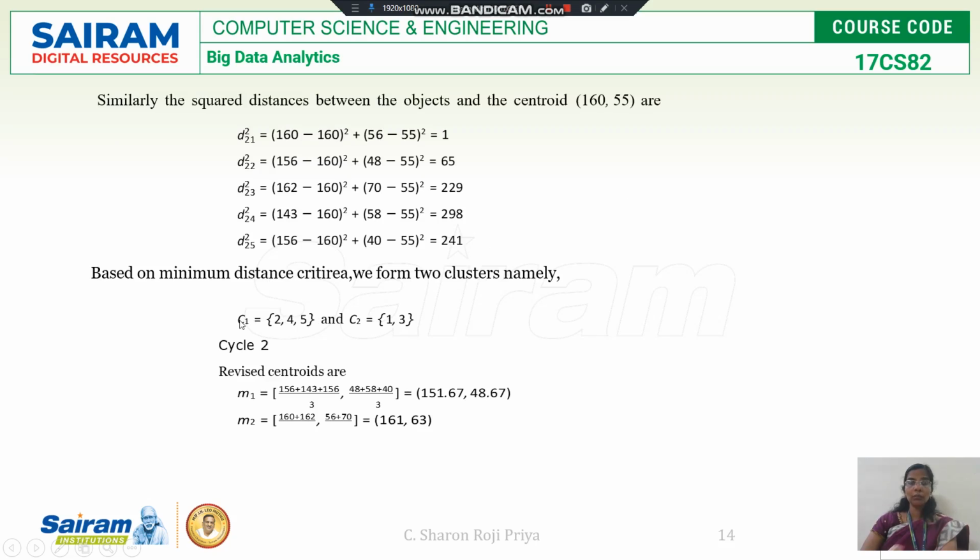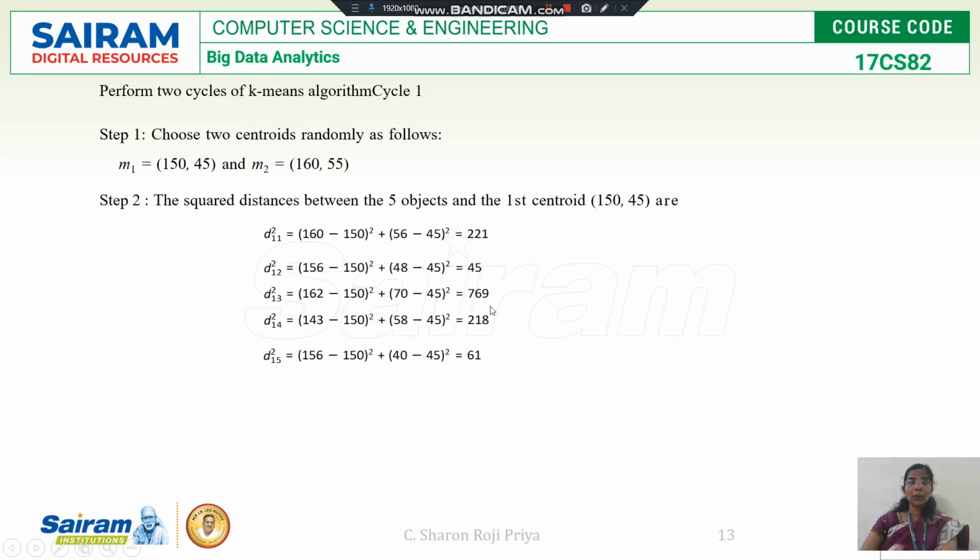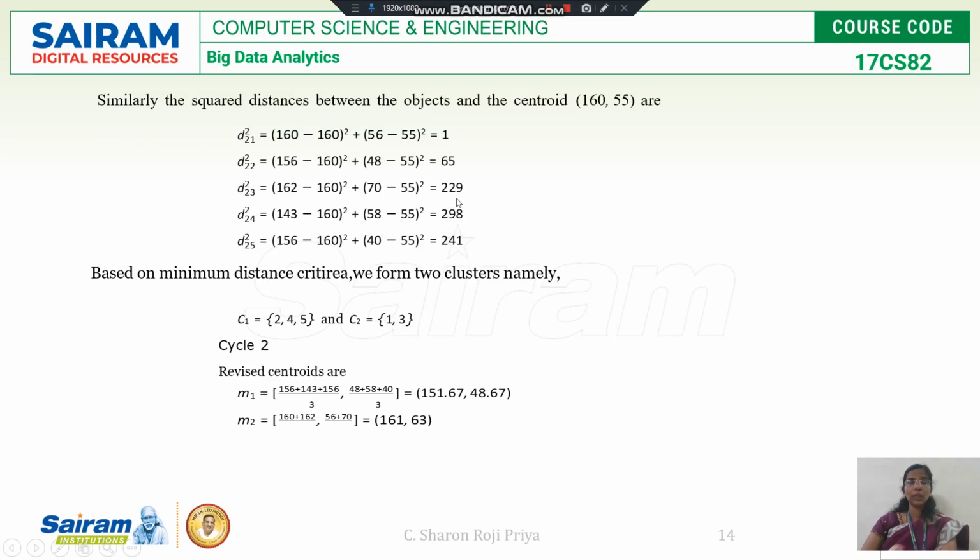Similarly, this is the distance between the third data point and the second centroid, 229, and the third data point and the first centroid, 769. So which is minimum? 229 is minimum. So this third data point should be placed in my second cluster.